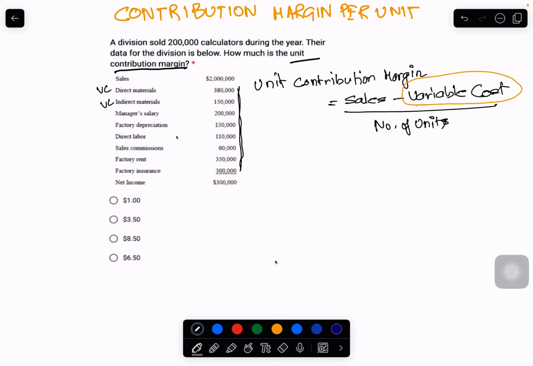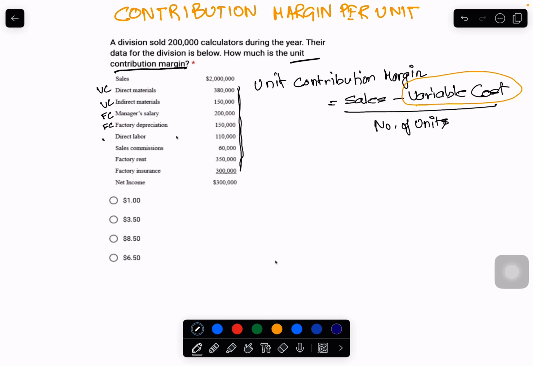Manager's salary is not a variable cost, it's a fixed cost, because we need to pay the manager his salary irrespective of whether we sell 1 unit, 2 units or 1,000 units. Factory depreciation is also a fixed cost because the depreciation on the plant and machinery will be incurred irrespective of how many units we sell.